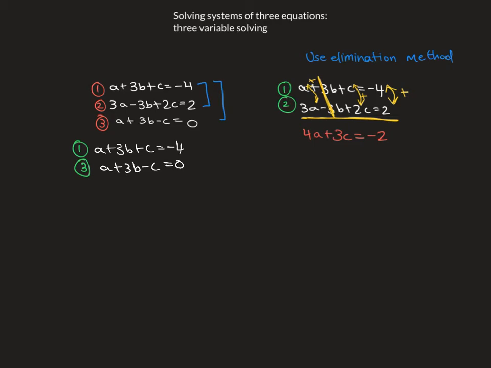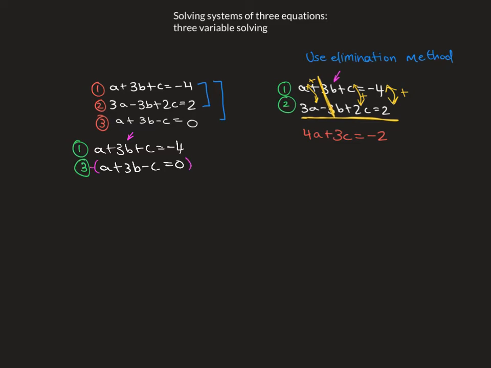So over here, variable b was canceled out. So just like that, we have to also cancel out variable b in our second set. We do that by simply multiplying by a negative.